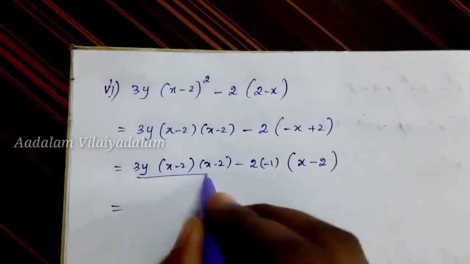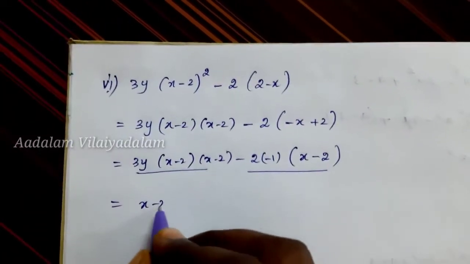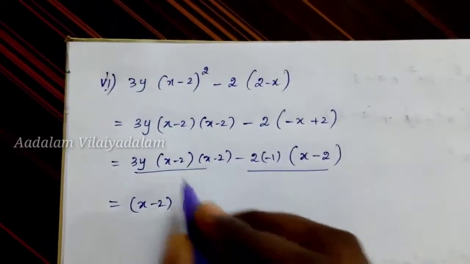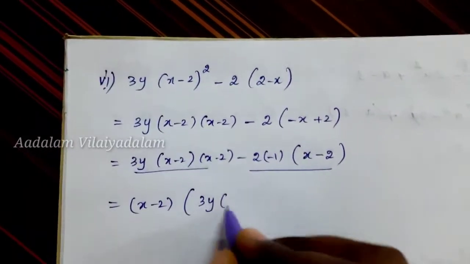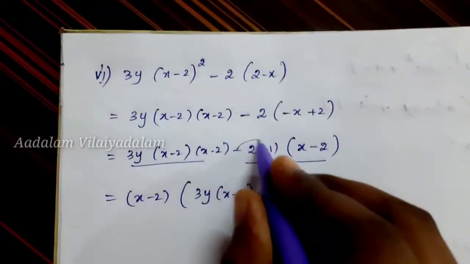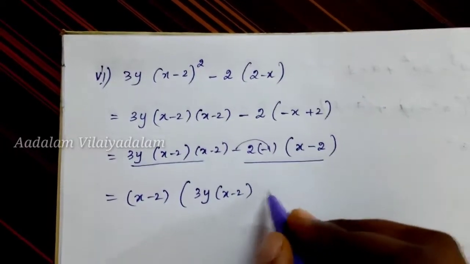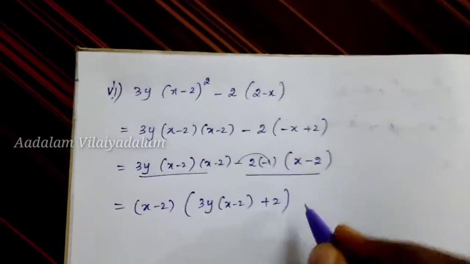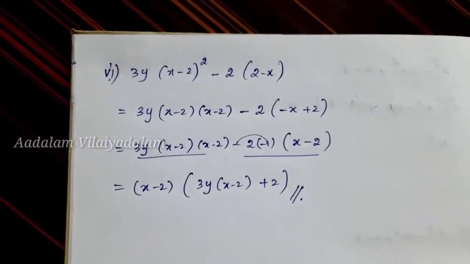Then compare these two terms. Comparing these two terms we get x − 2 as a common. Then the remaining values we will be getting are 3y into (x − 2). Here −1 into +1 we will get, and −2 into −1 we get +2, which is the answer for this sixth subdivision.